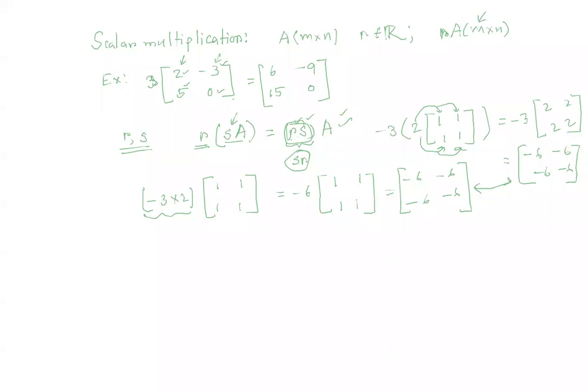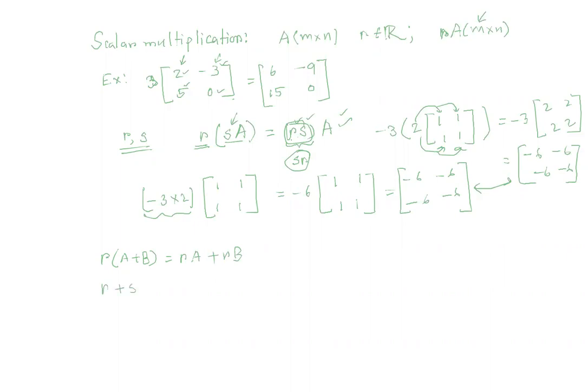A few other things that I'll touch on. Let's say R is any real number. R times (A plus B), where A and B are two matrices, is the same as R times A plus R times B. You can distribute the real numbers. Or R and S are two real numbers.